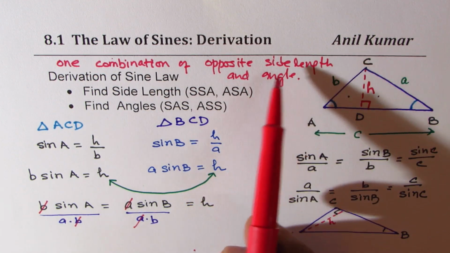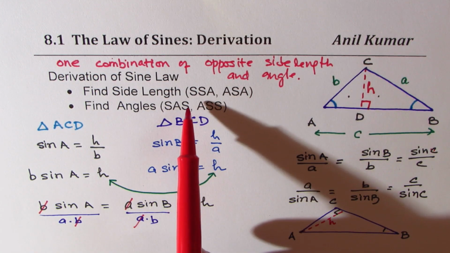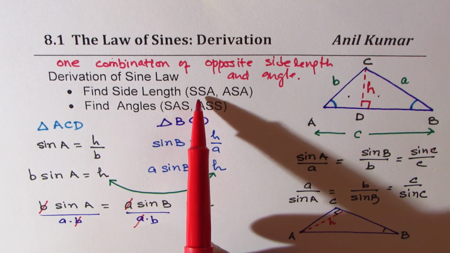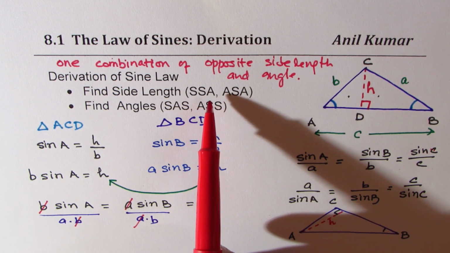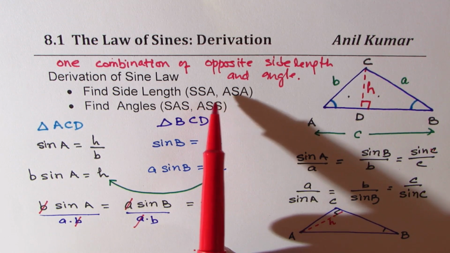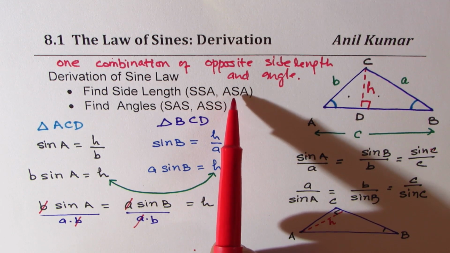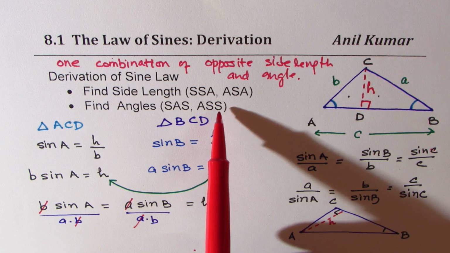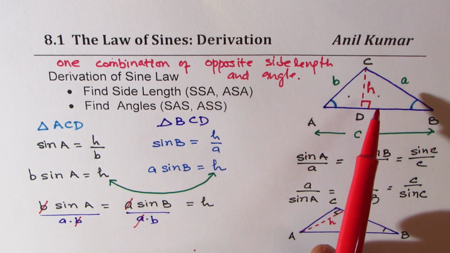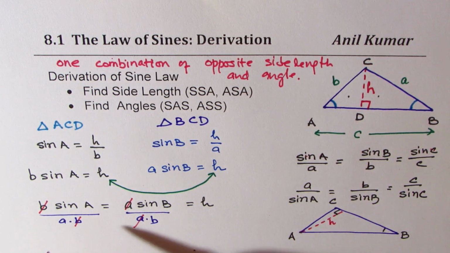And the cases where we could solve a triangle using sine law are: two sides are given to you and an angle, not the included angle, or if we have two angles and a side. So in these cases, you could apply sine law. So when can you apply it?